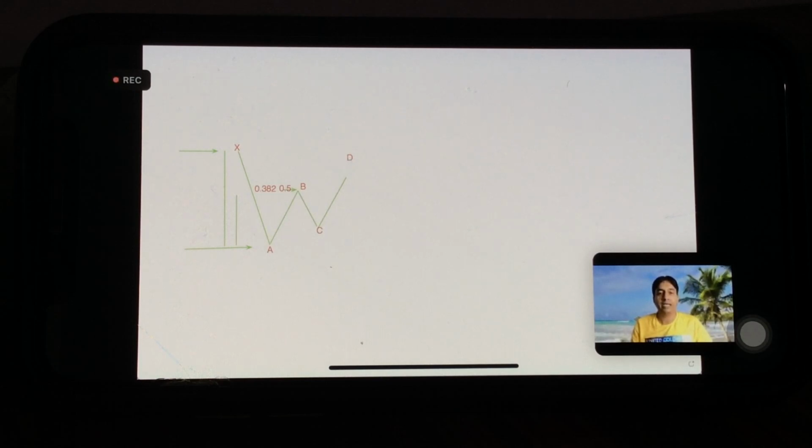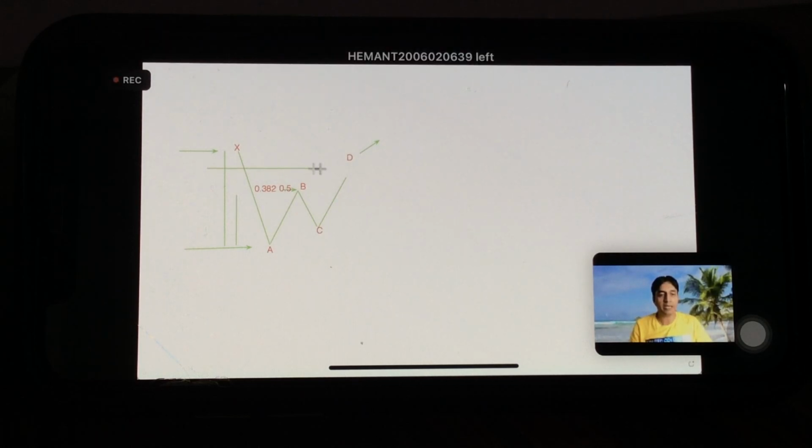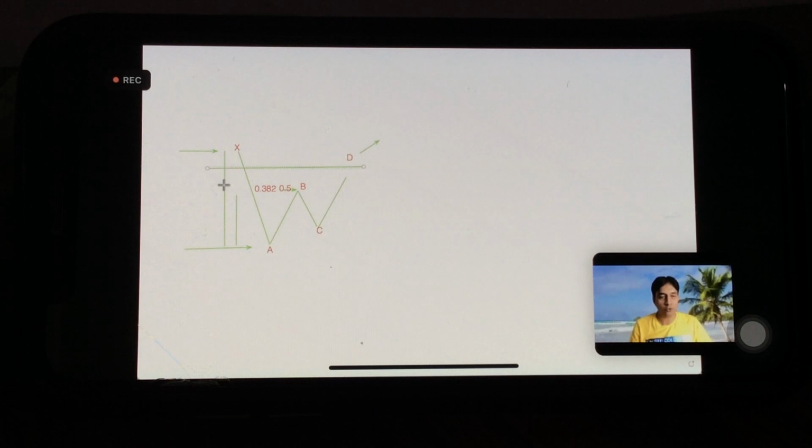So what will we get? We will get the first D point. As per our rule, what does the rule say? When XA Fibo plotting gives you B point at 0.382 or 0.5, then your D point should be at 0.886 of XA. Can we say this is around the 88% retracement level of this total move?